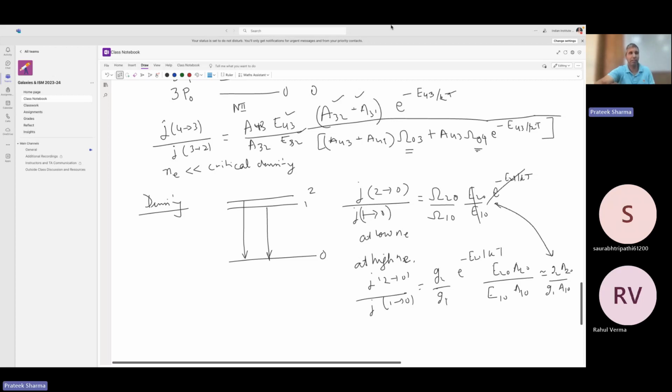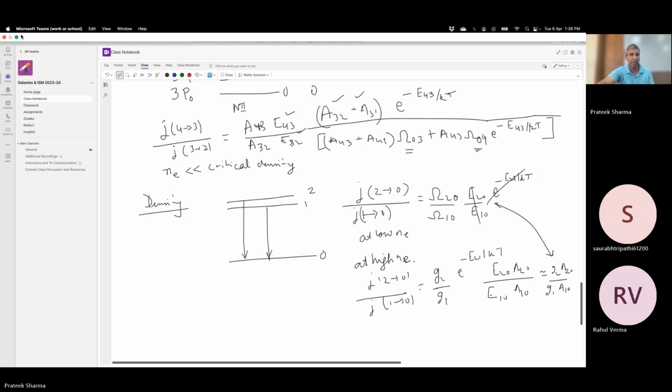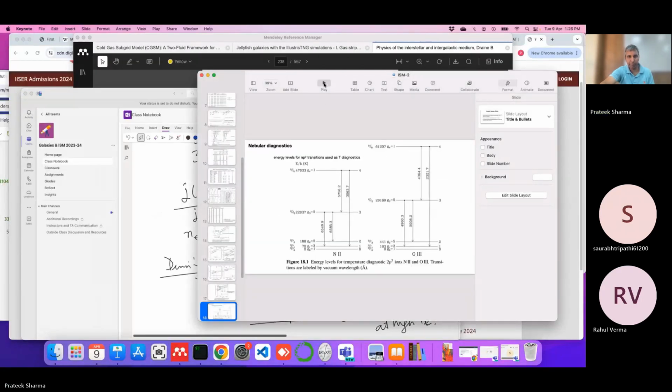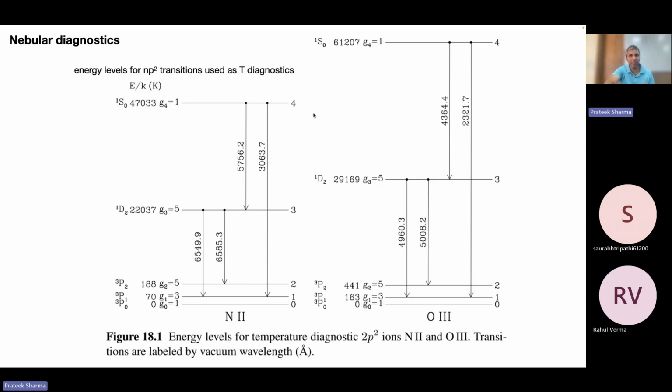Now my writing is done. Let me show you in the slides. This is the temperature diagnostic that I was talking about. This is N2, this is O3. These are the energy levels drawn properly. These are np2 states, the energy states obtained after LS coupling.